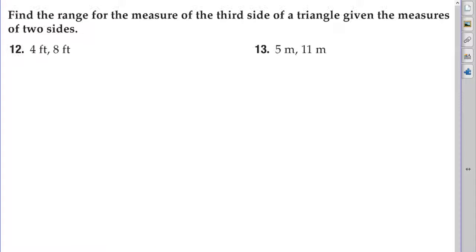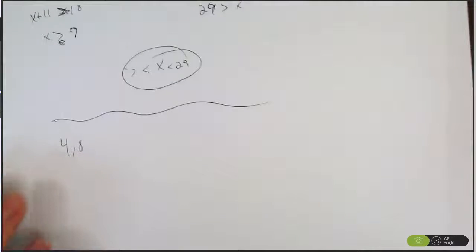Okay, other problems. Same type of thing here on 12 and 13, except on 12 it's 4 and 8.